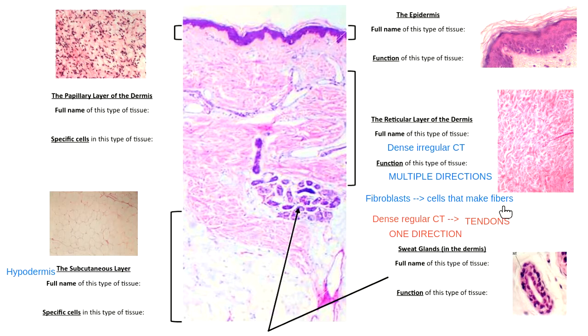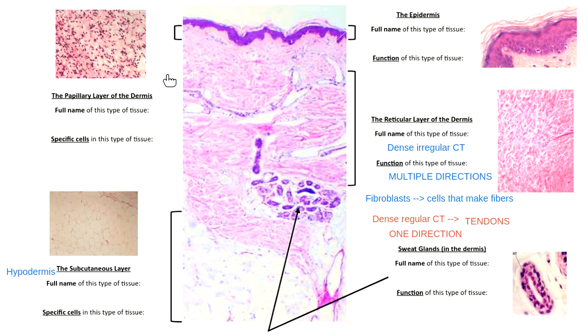When you're trying to identify dense regular connective tissue, you can see those fibroblasts a lot better. And we'll definitely look at some dense regular connective tissue so I can point out those fibroblasts to you. But that's the name of the type of cells in any kind of connective tissue that has these big collagen fibers in it.